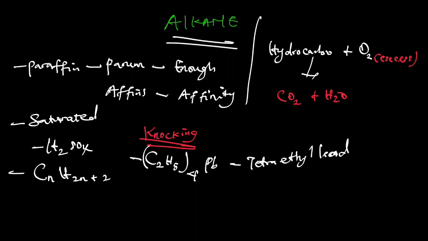Sulfur is actually an undesirable component in petrol, because it affects the smooth combustion of petrol in the internal combustion engine, as it deactivates this compound. So sulfur deactivates what? The tetraethyllead.